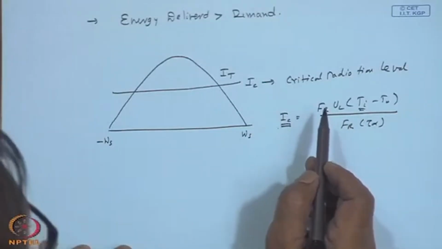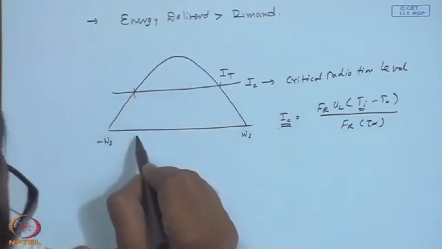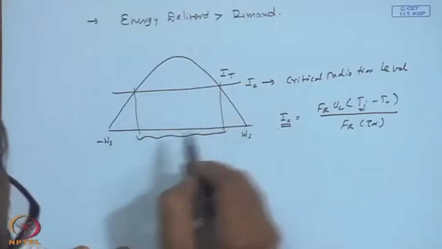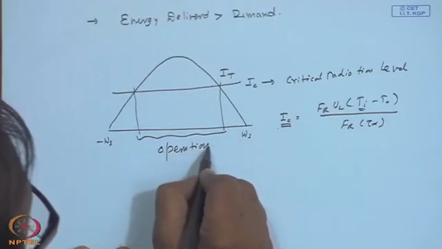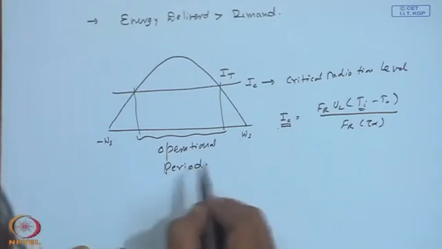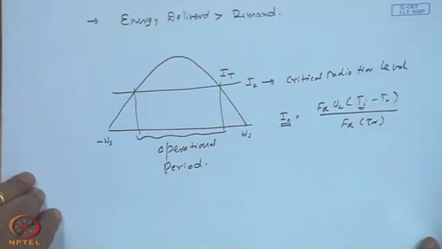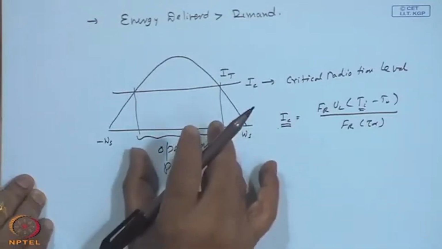Okay. So, now this is my time period of operation. This changes because your Ta may be changing, your loss coefficients may be changing, solar radiation may be changing, and consequently the operational period will be different.